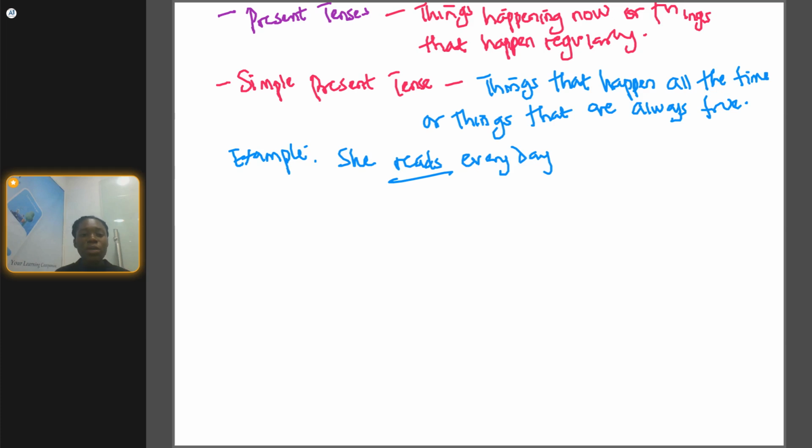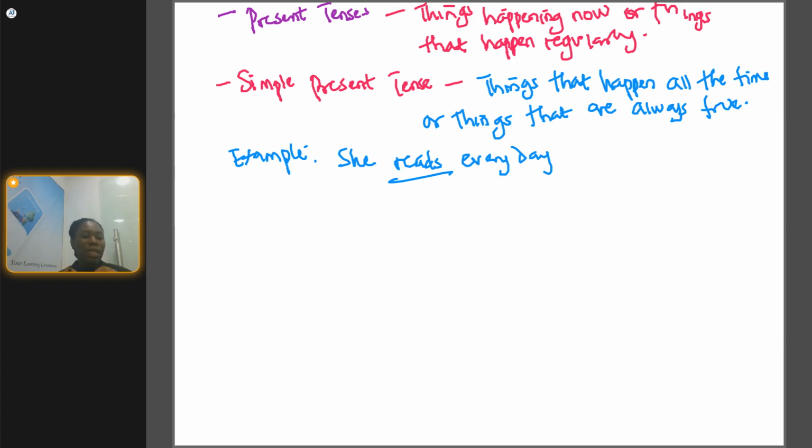So when we say she reads every day, we talk about the simple present tense as something that happens all the time, or things that are always true. In this case, when you say she reads every day, it means that reading is a habit. She does it every day.